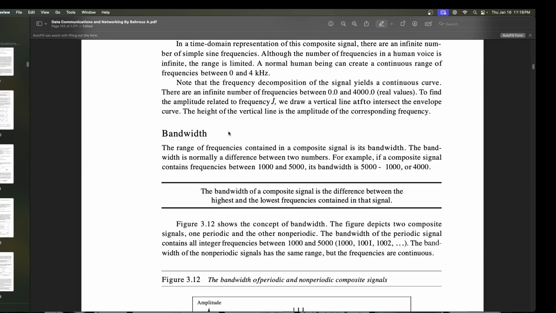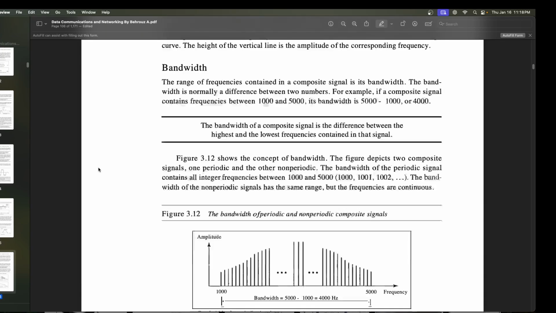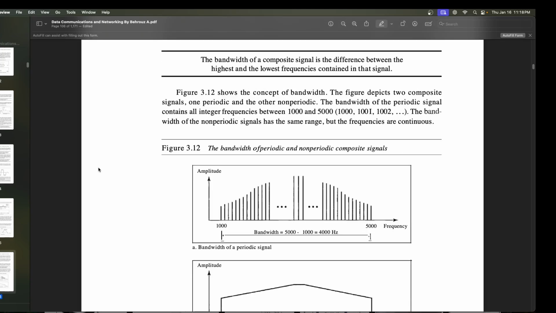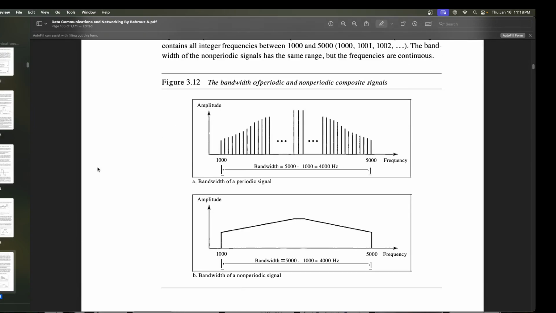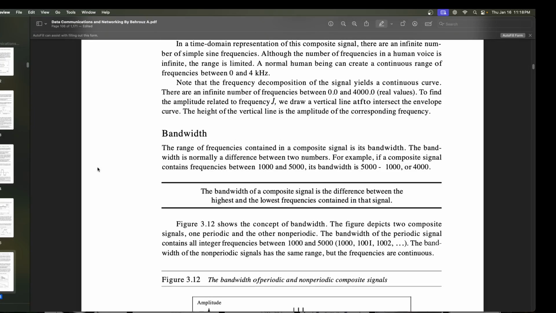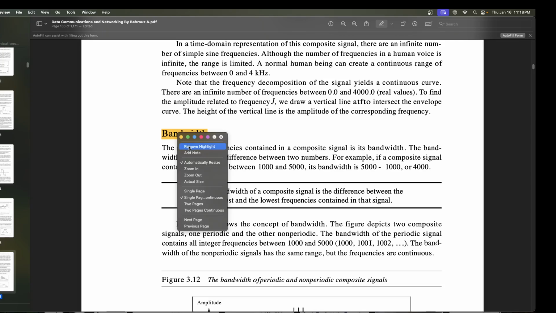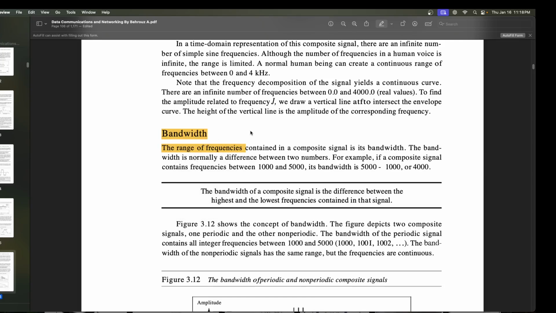Now bandwidth, this is something important. The range of frequencies contained in a composite signal is the bandwidth. The bandwidth is normally the difference between two numbers. Now what is bandwidth? Tell me. These people always call and ask, do you have the required bandwidth?